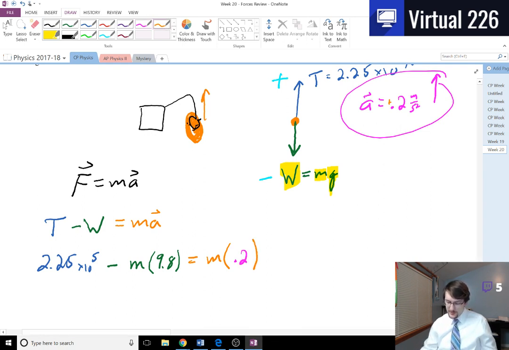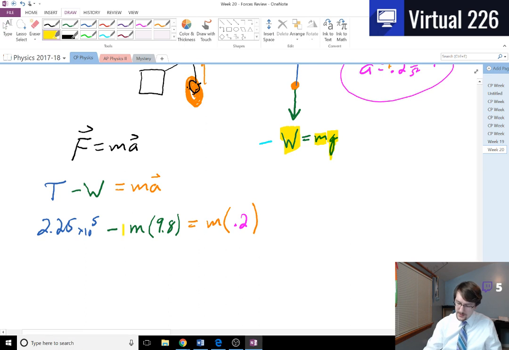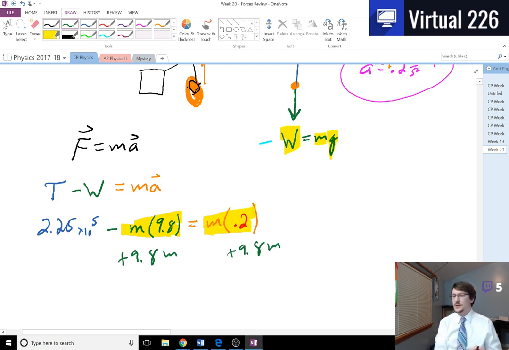If we want to solve this, at this point we're basically done here. We need to recognize that these are like terms. It's an acceleration multiplied by a mass. So if we add 9.8 m on each side, remember, even though it says m times 9.8, you can just move that multiplication, you can flip it.